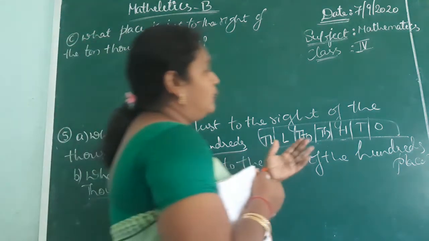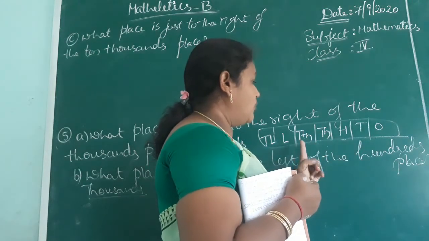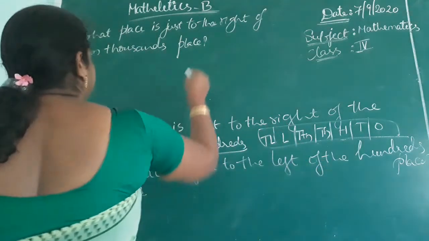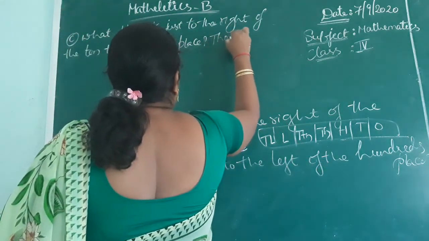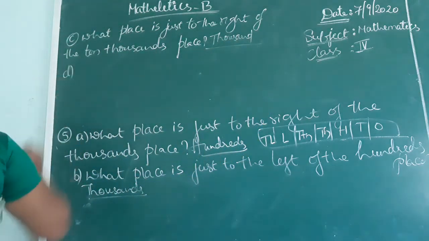Which one is right of the 10,000s place? Right side means this side. After 10,000s what will you get? 1,000. So the answer is D.